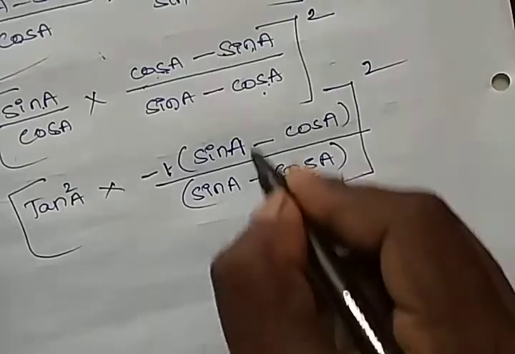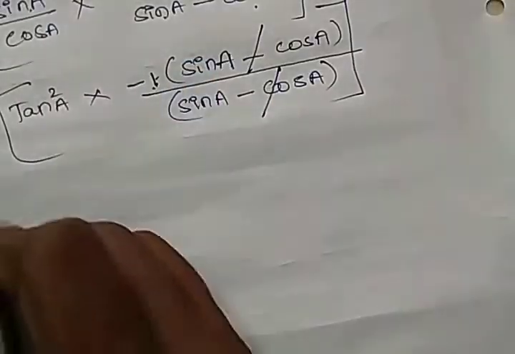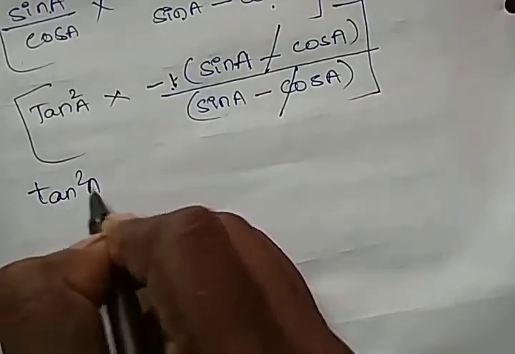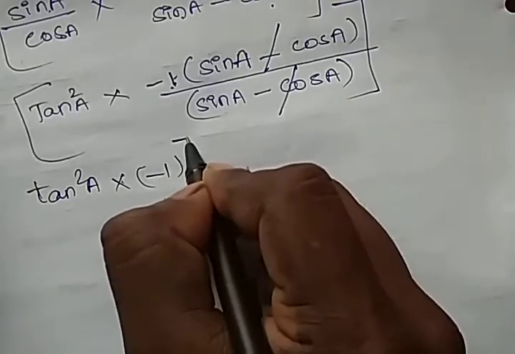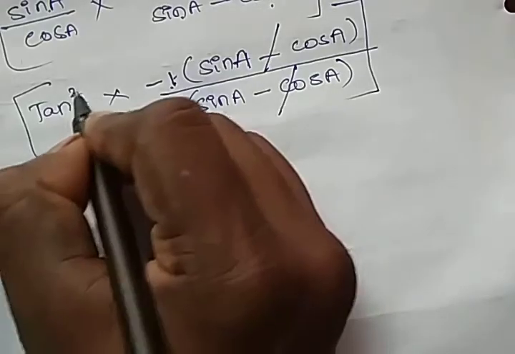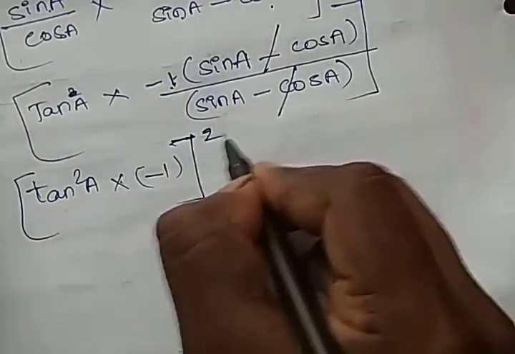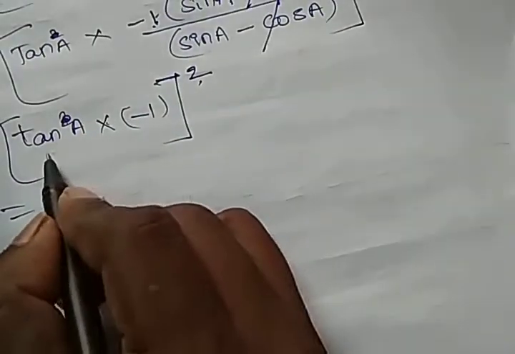Now you can see that numerator and denominator, they both are same values except -1. So write as it is, tan A into -1, सॉरी यहाँ पर tan ही है, स्क्वायर नहीं आएगा, -1 whole square is equal to, now this square belongs to both tan A and -1.